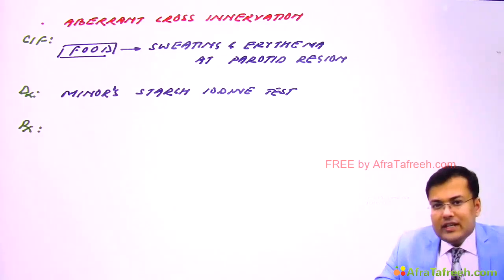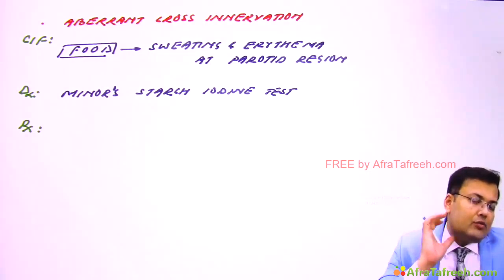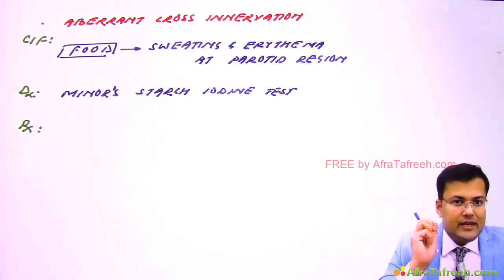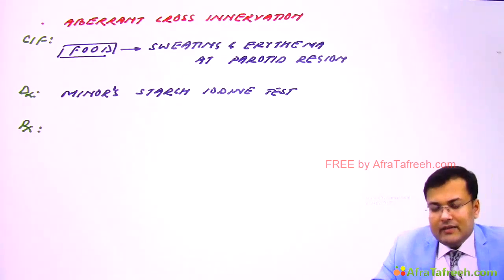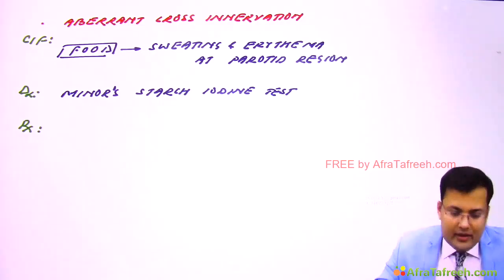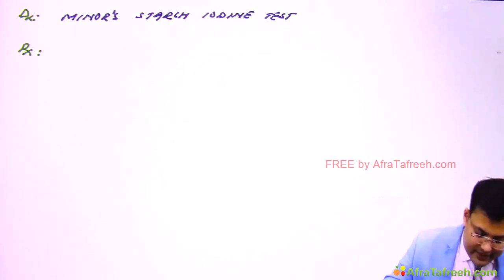Now see how we are going to treat this condition. Since there is increased sweating during meals, we can apply what? Antiperspirants. We can go for Botox injection, or in severe cases we can go for tympanic neurectomy. So what are the treatment options for Frey syndrome? We can go for antiperspirant application.